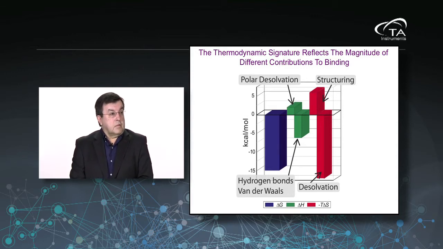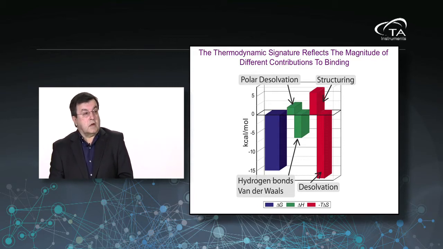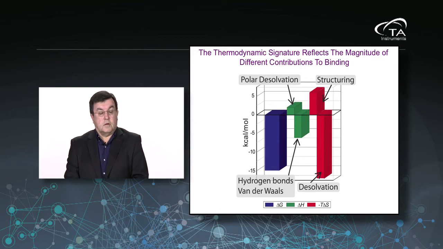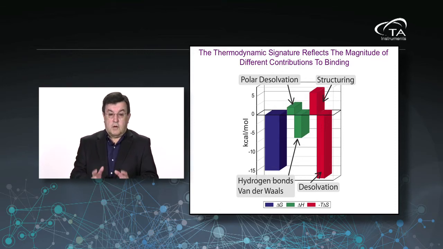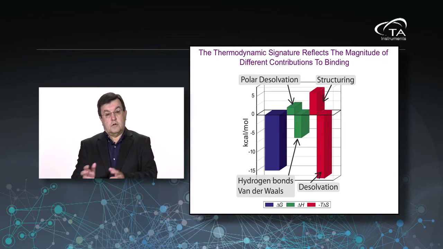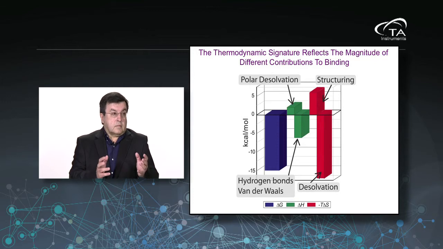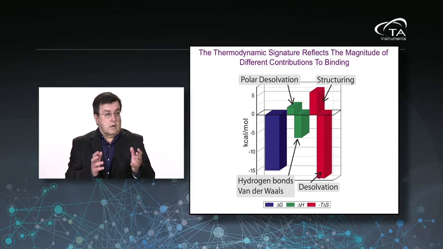The other unfavorable term is structuring, and structuring of the compound, for example, has been addressed by medicinal chemists for many, many years by conformationally constraining the compounds. If a compound has the same conformation before it binds, then the conformational losses are going to be minimal, and that structuring factor can be decreased.